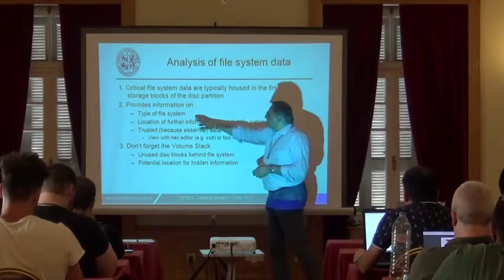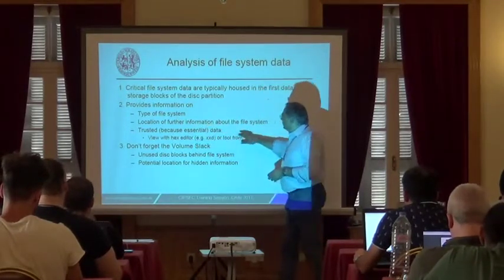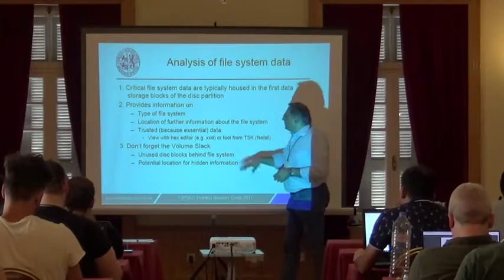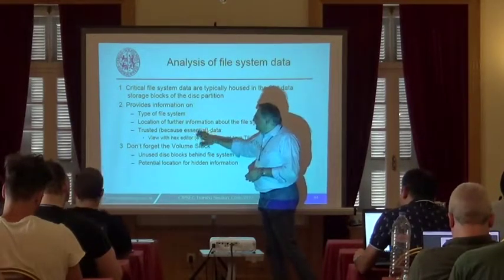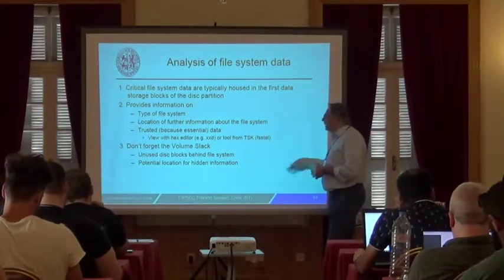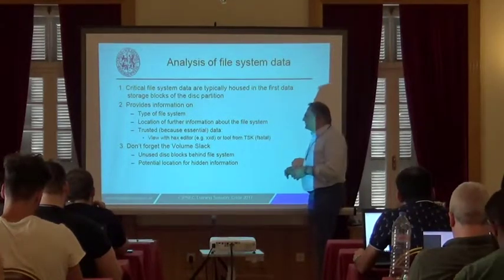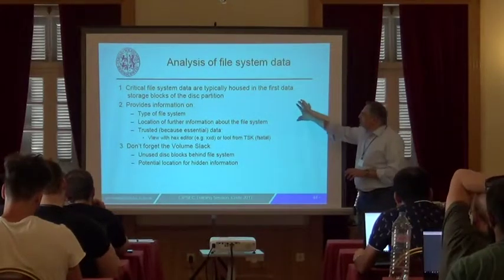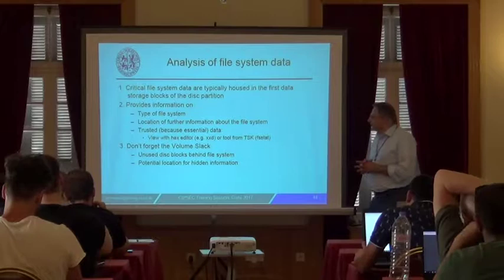So that will give us the type of this file system, where we can get further information about the file system. These are trusted data because they're considered essential for the operation of the file system, and we can look at them with a hex editor. And we can get a first idea of what is stored in that partition.